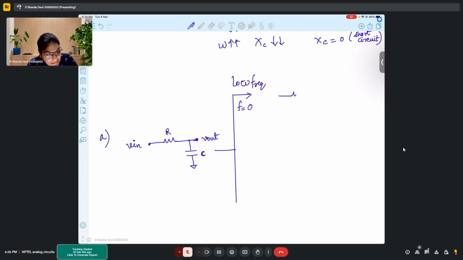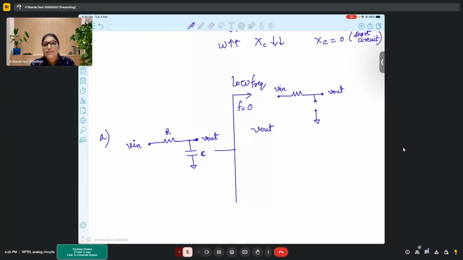So how does my resultant circuit look? It will look somewhat like this. You will have Vin. Now here, if I ask you, what is my Vout in this case? If my capacitor is open circuit, what is the Vout that I'll observe?